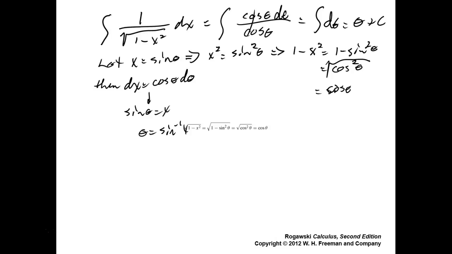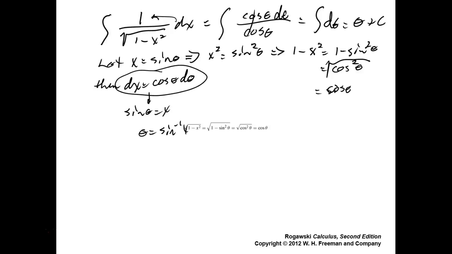Why we put cosine in the numerator? In the denominator? The numerator was our dx, right? You could move this right up there. And that was cosine theta d theta. And then your denominator was cosine theta. So that's it.